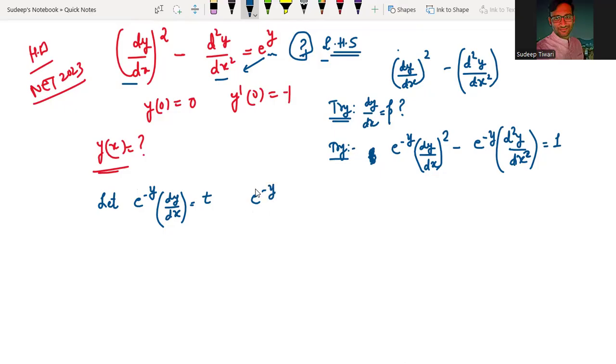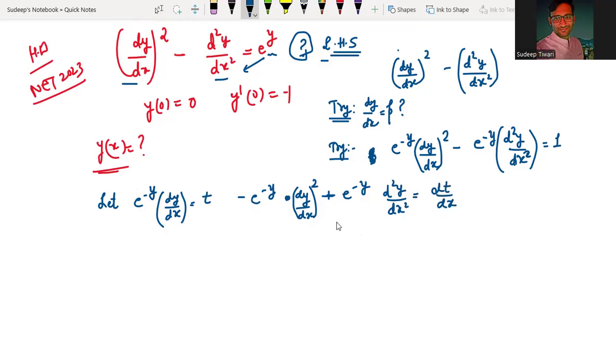E raised to power minus y differentiated with respect to x will give you minus dy by dx. Already one dy by dx is present, so you will get a square here, and this minus will come here. Then plus e raised to power minus y, and again you will get a d²y upon dx², and this is equal to dt upon dx.